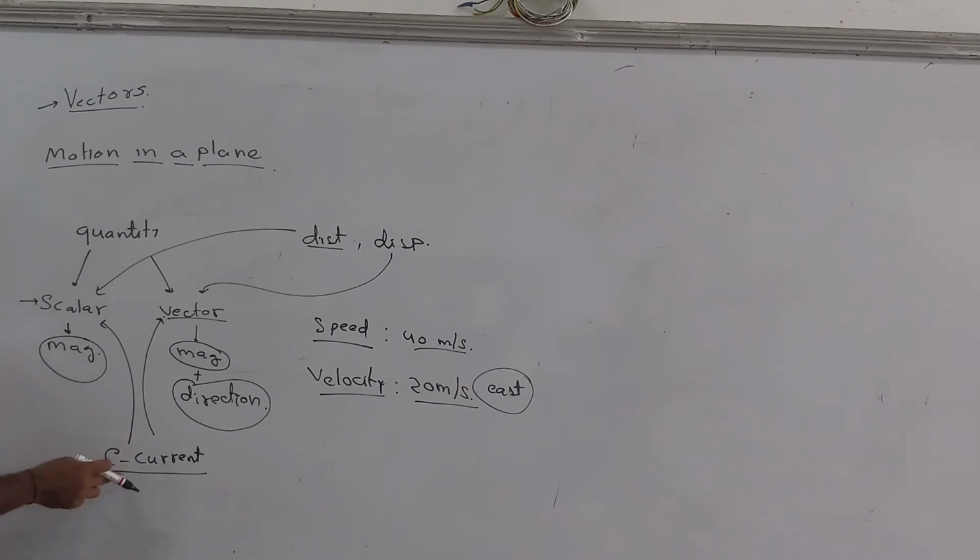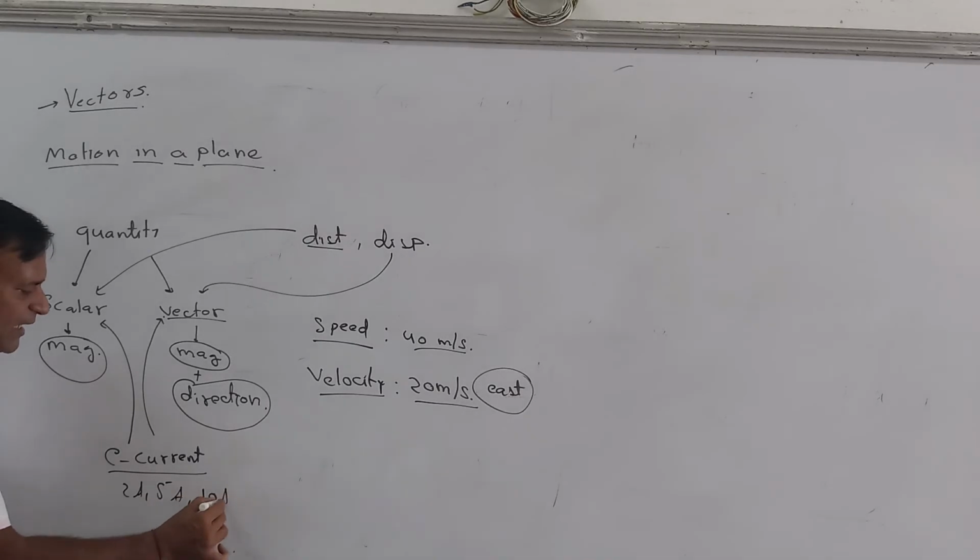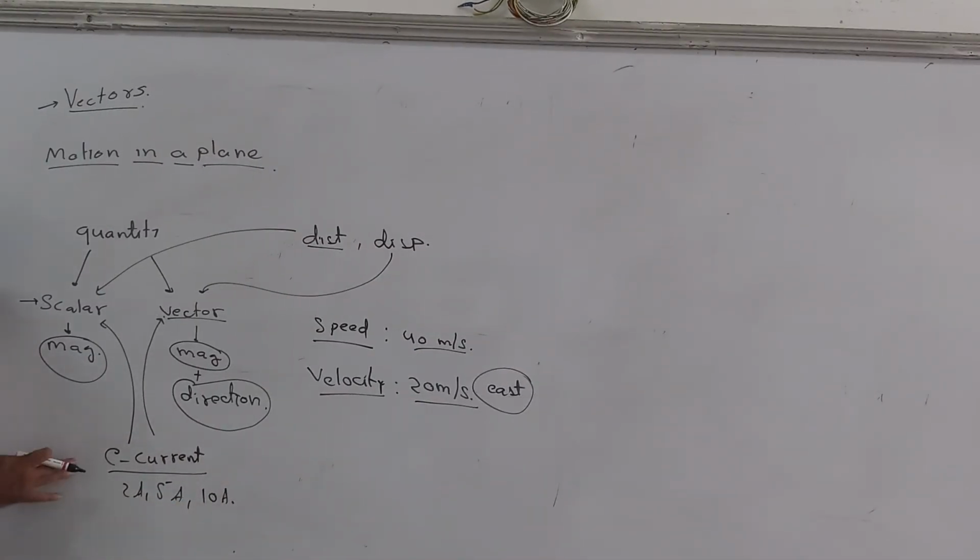Now, electric current has a magnitude. It could be 2 ampere, 5 ampere, 10 ampere. This is the magnitude. And electric current also has a direction. You know, whenever we draw a cell inside the circuit, we always take the direction of current as current emerges from the plus, the positive terminal, and current goes back into the negative terminal.